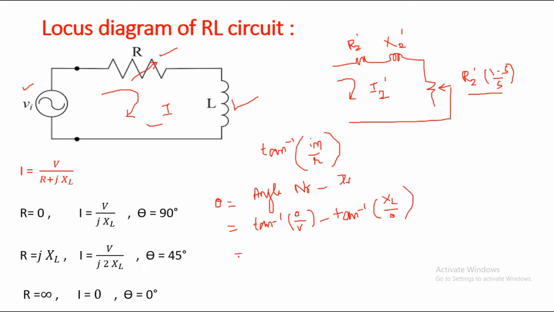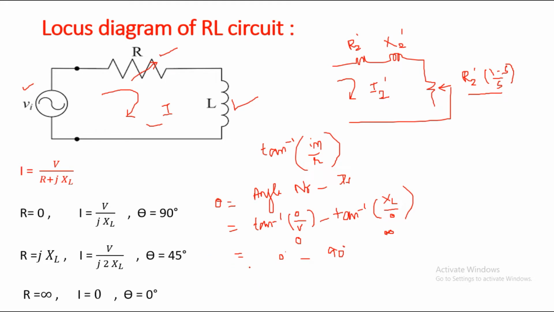And we know 0 by anything is 0 and anything by 0 is infinity. So tan inverse of 0 is 0 degree and tan inverse of infinity is 90 degree.